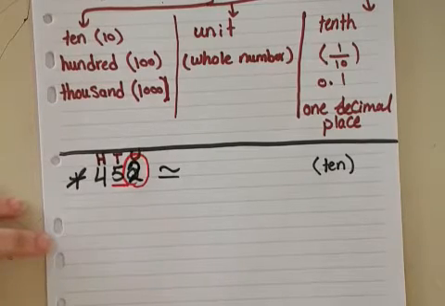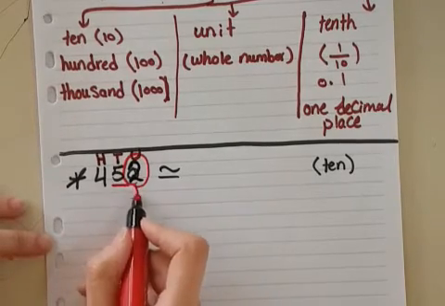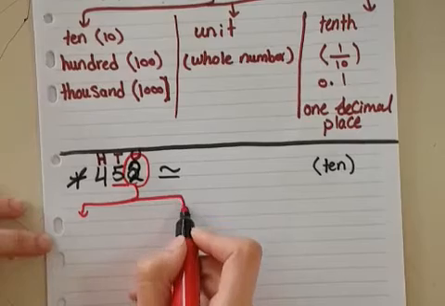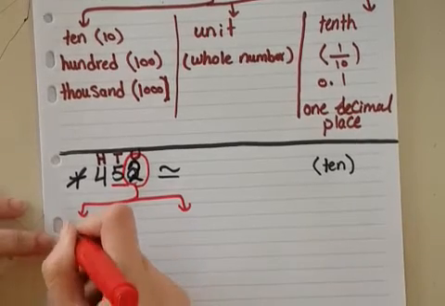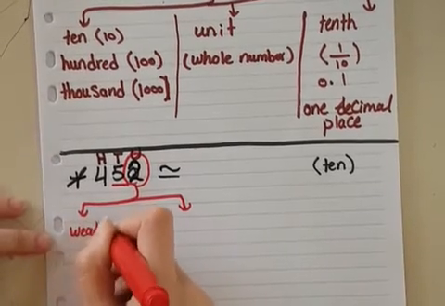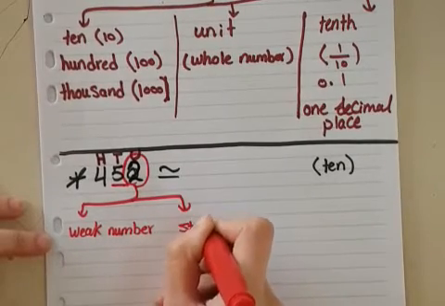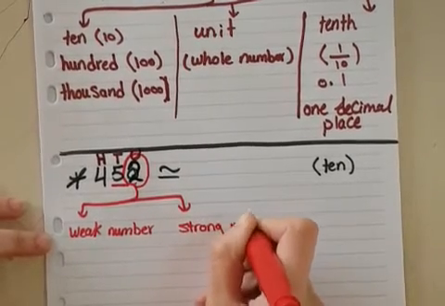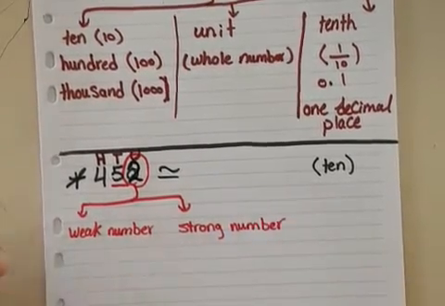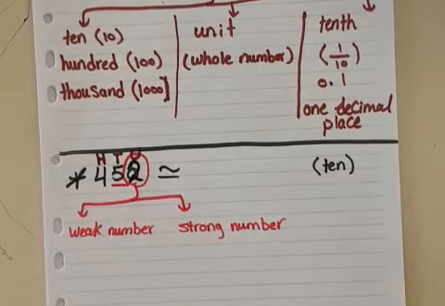Circle the 2. And ask yourself, we have now 2 options. Either the next digit is a weak number or a strong number. Now, what are the weak numbers and what are the strong numbers?